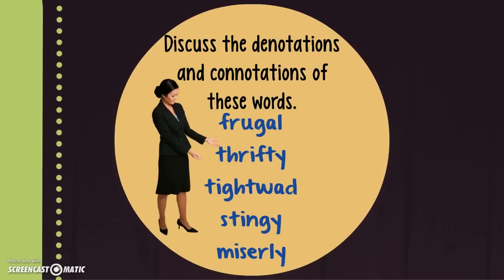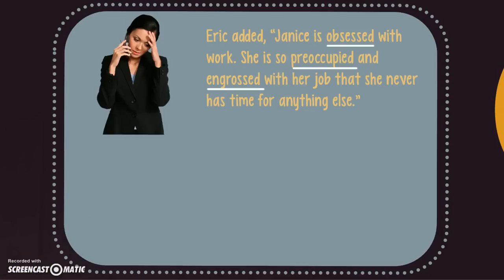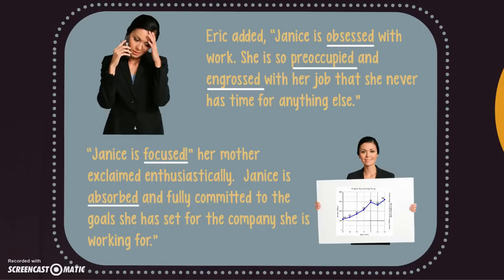So, in class, we discussed the denotation and connotations of the word as groups. Here's another example. So, Eric added, Janice is obsessed with work. She is so preoccupied and engrossed with her job that she never has time for anything else. Janice is focused, her mother exclaimed enthusiastically. Janice is absorbed and fully committed to the goal she has set for the company she is working for.